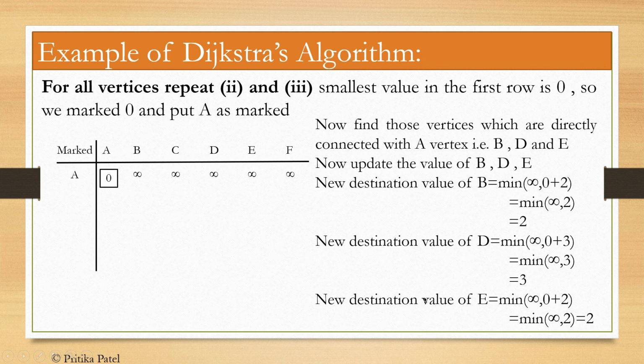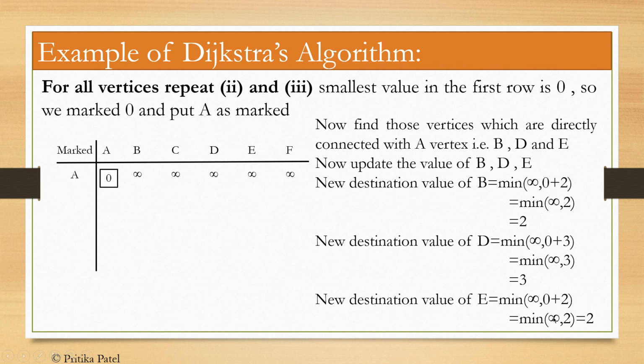Now we have to find the new destination value of E. So E is equal to the minimum of infinity, the old value of E, comma, mark value 0 plus the weight of edge A to E, that is 2, which is given in the graph.